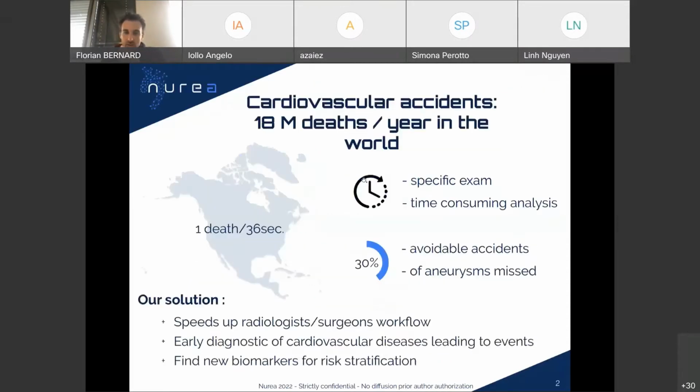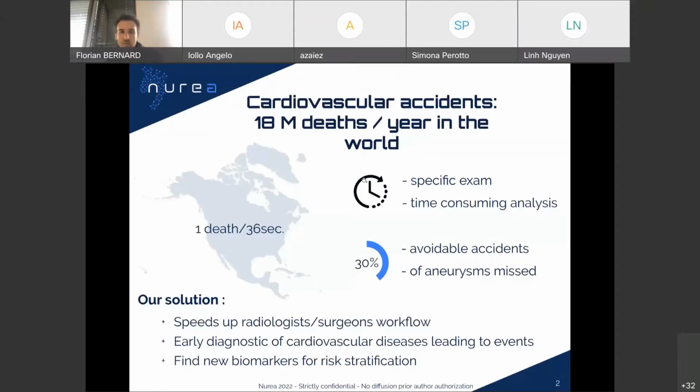Generally speaking, cardiovascular accidents are the first cause of death in the world. In the US, it represents one death every 36 seconds. In Europe, it's one death every 4 minutes. So it's a huge problem.